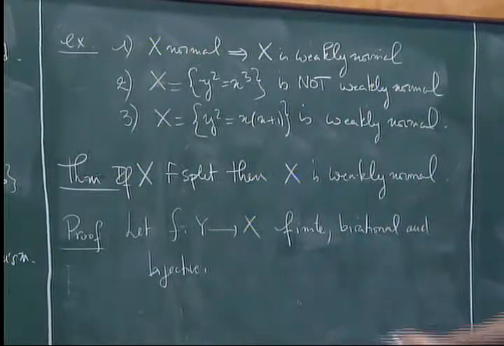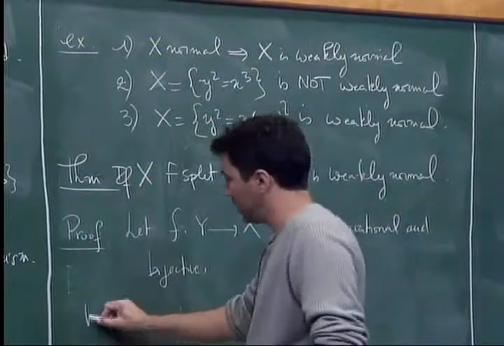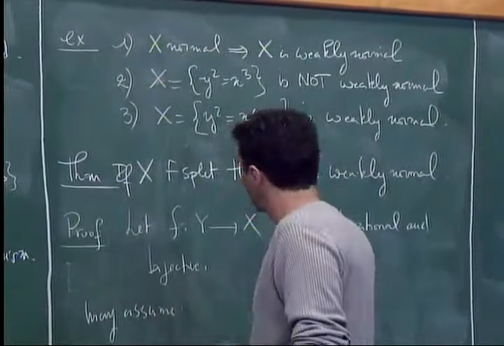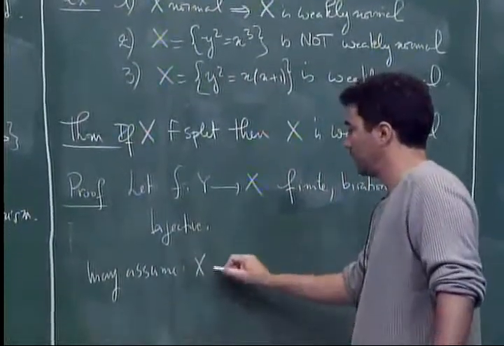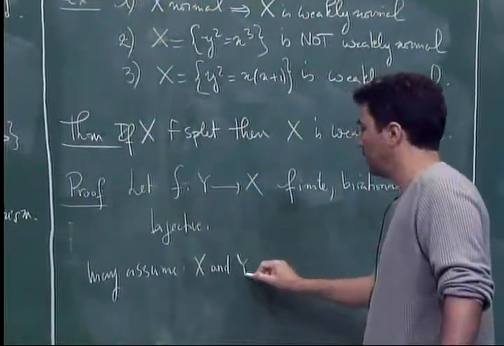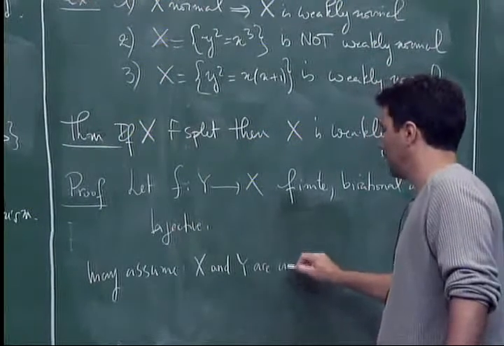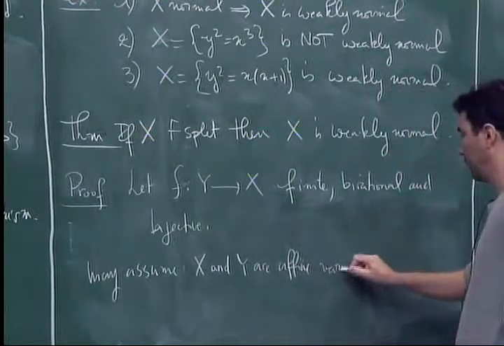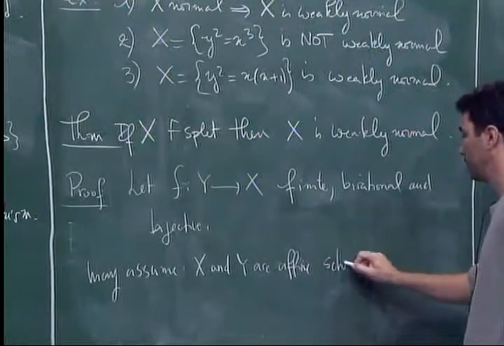So the first observation is, as F is finite, we may assume X and Y are affine schemes.